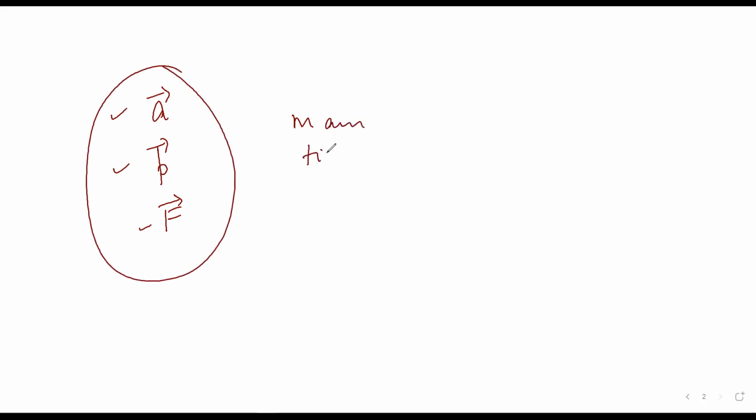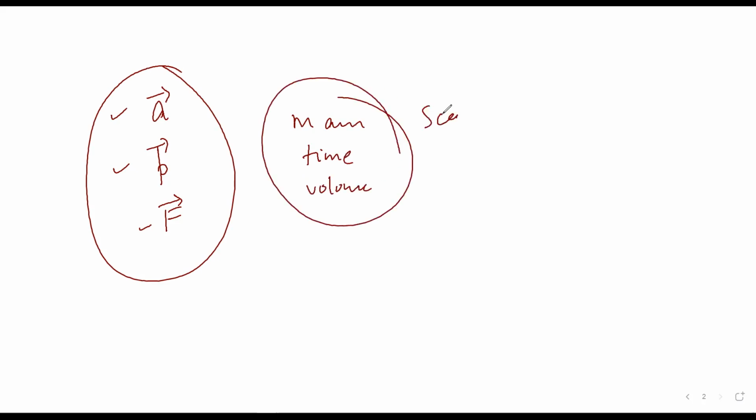For example, acceleration, momentum, and force are vector quantities, but mass, time, and volume are scalar quantities. The important thing is that the mathematical operation used here would be completely different from the math used there. Have you understood? Yes.